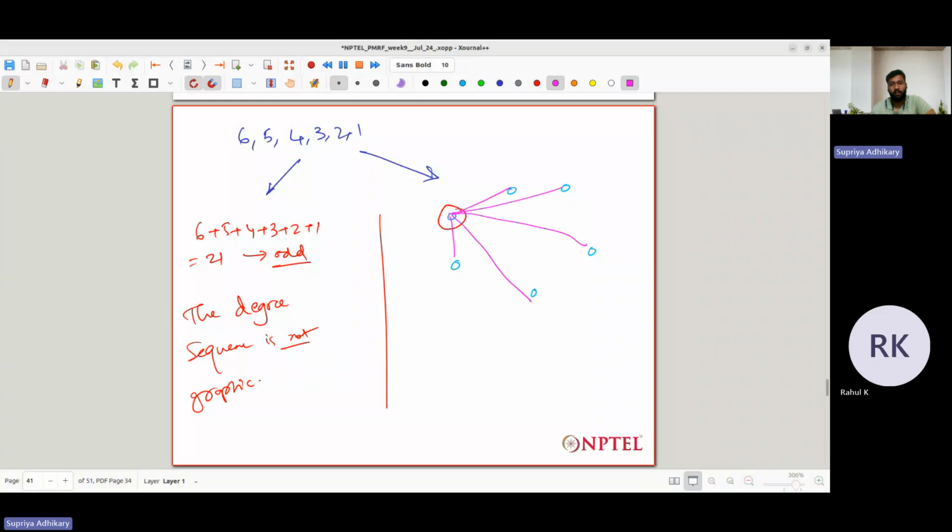But since this is a simple graph, there should not be any self-loop, and therefore the maximum degree of any vertex can be 5. The degree of v can be at most 5. But given that the degree of at least one vertex is 6, this is not possible. So using that logic, we can say that the degree sequence is not graphic.